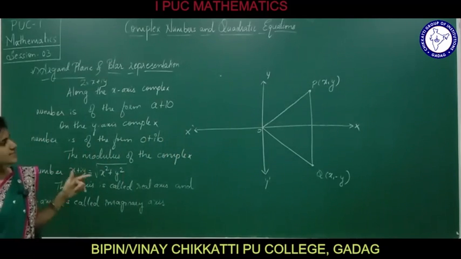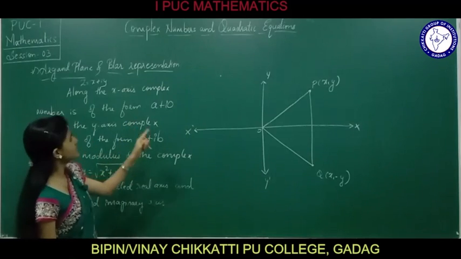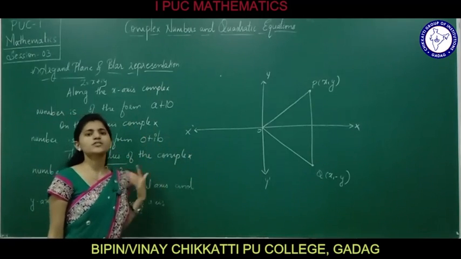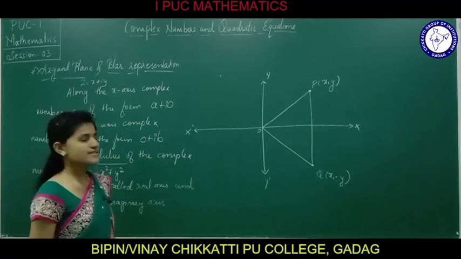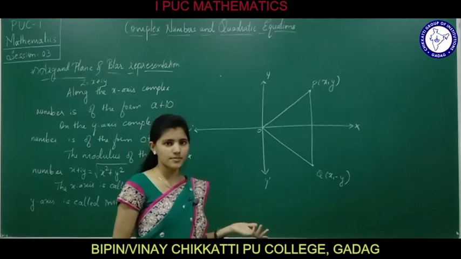Then next, this is how we have represented these complex numbers. What about the polar form? Now let us study the polar representation of a complex number.